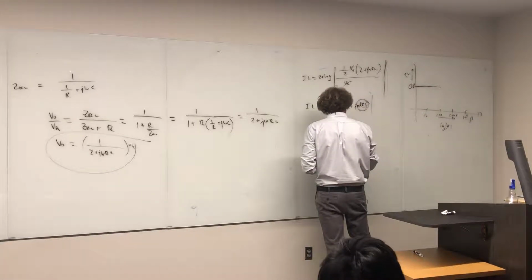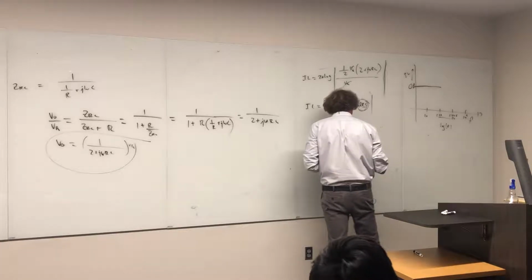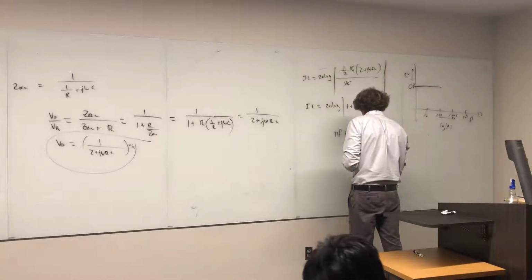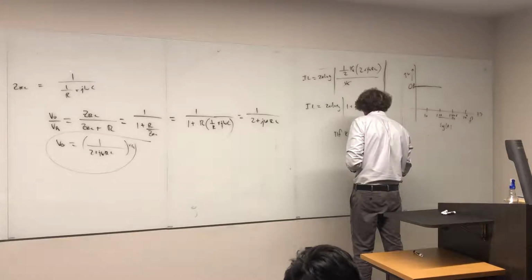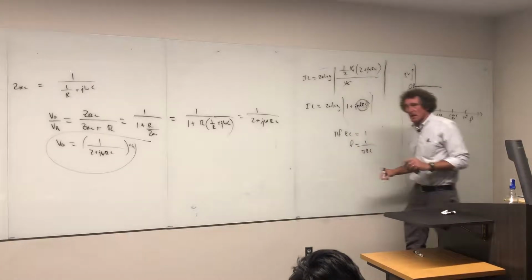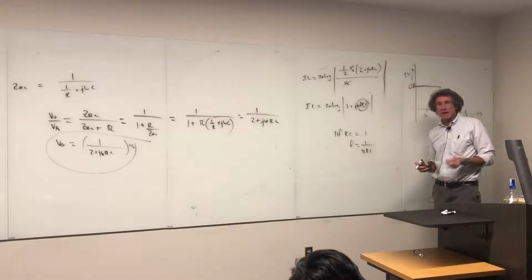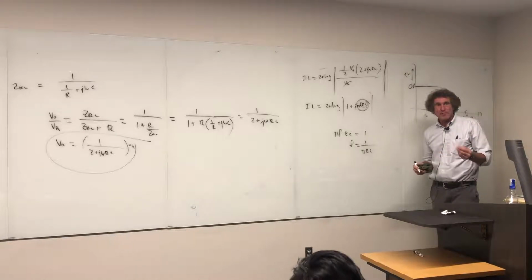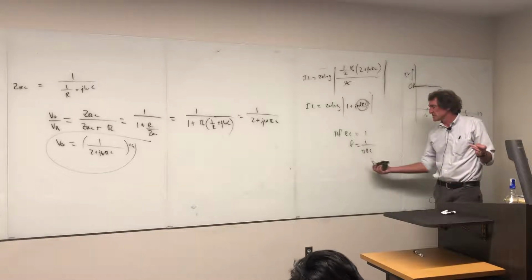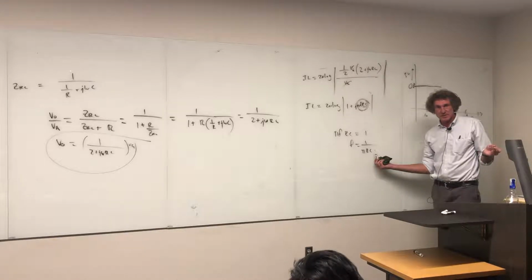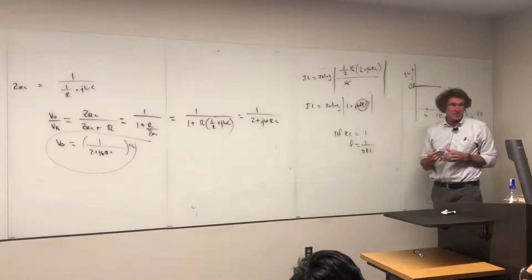If I put pi f r c equal 1, that means f is equal to 1 over pi times RC. Now, in the previous discussion about resistors and capacitors, the break frequency was 2 pi RC. Remember that? Here, it's not. It's just pi RC because of the design of this filter.